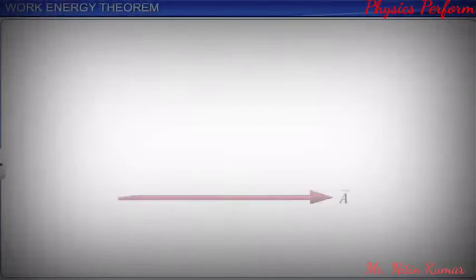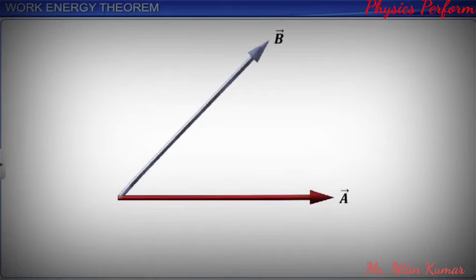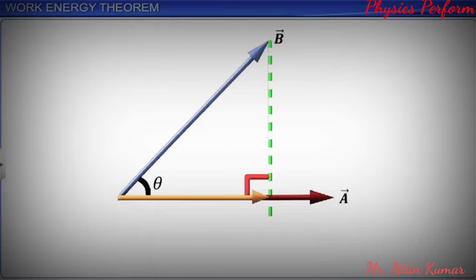Consider the two vectors A and B inclined as shown. Theta is the angle between the two vectors. The component of one vector in the direction of the other is called the projection of the vector on the other vector, and is denoted by the product of the magnitude of the vector and the cosine of the angle between them.